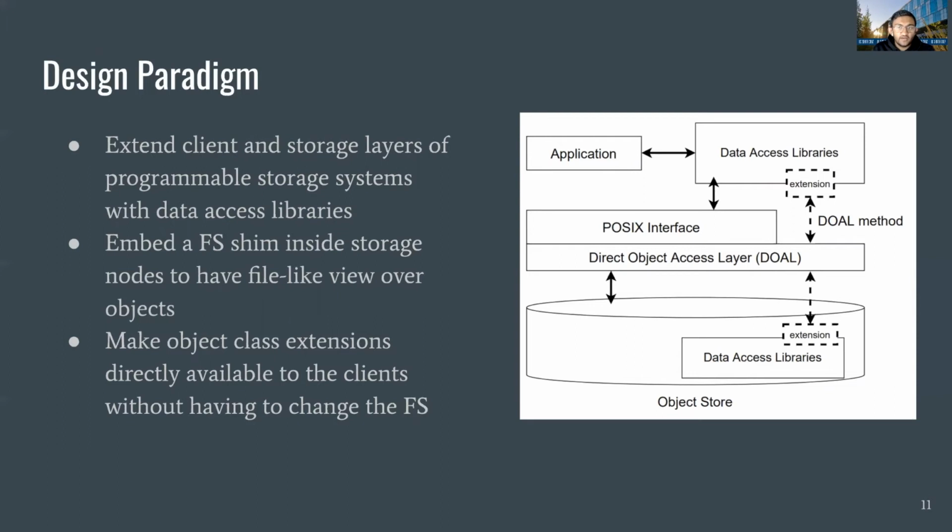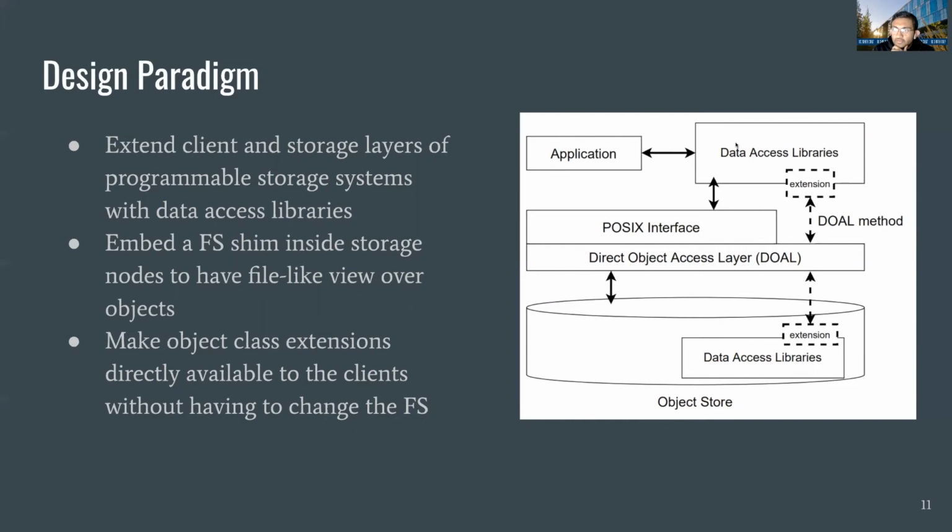So now let's discuss the basic design paradigm behind Skyhook. In Skyhook, we extend the client and storage layers of programmable object storage systems with data access libraries. As you can see in this figure on the right hand side, this is the object store layer of an object storage system, and we embed data access libraries directly inside the object store layer.